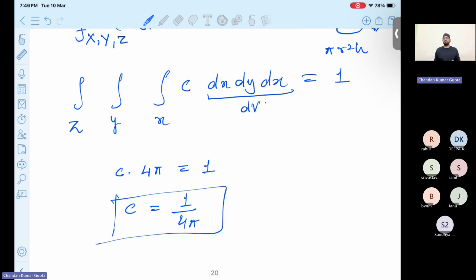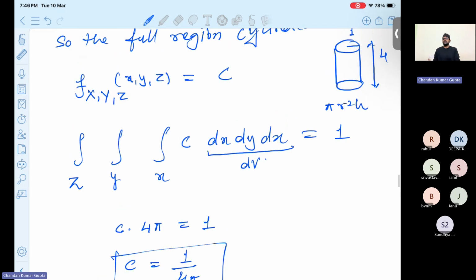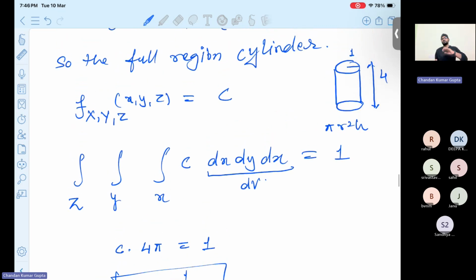Anyone have any doubt about how I have calculated this? Please let me know so that I can discuss with you. Okay, anyone? If not, then that's simple. You need to know the mensuration chapter, the volume of cylinder. Volume of cylinder is pi r square h. We are given r equal to 1, h equal to 4. So it comes out to be 4 pi.